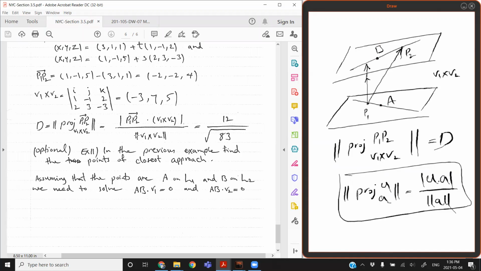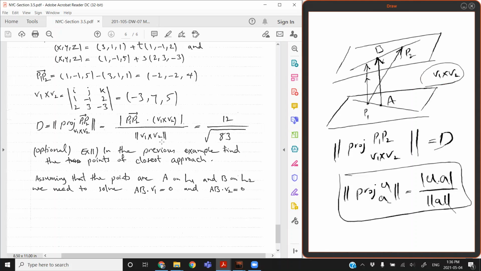Actually, in this diagram that I have shown, probably it's not necessarily P1, but generally, if you have a point of closest approach, then the vector AB would be parallel to the cross product.